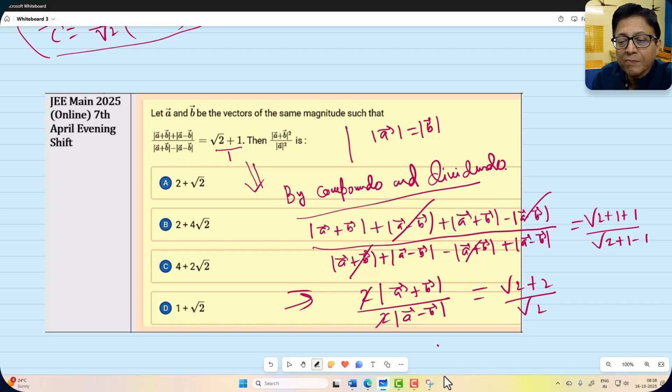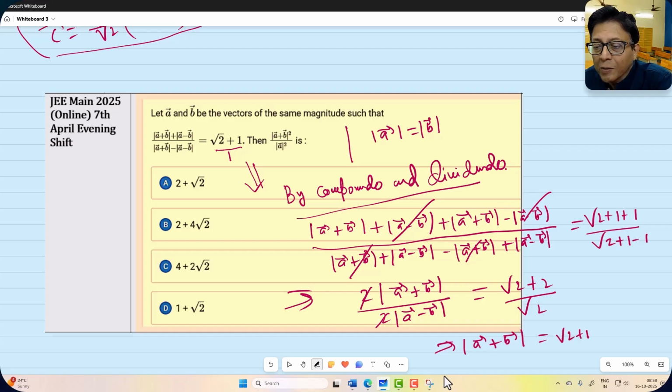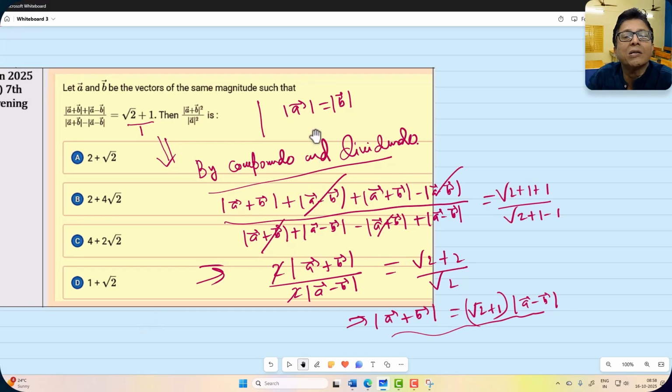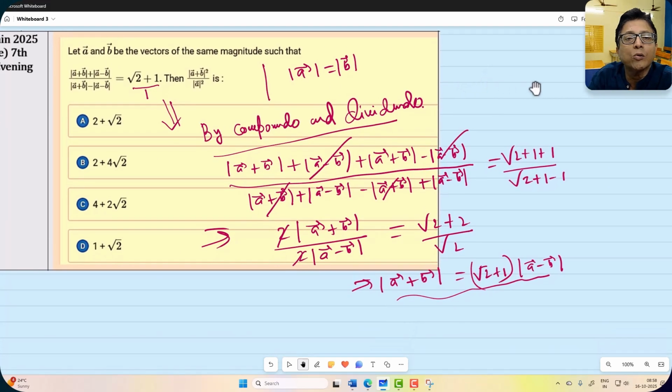So this implies that mod A plus B is equal to root 2 plus 1 into mod A minus B. Now only one condition is over there, that mod A equal to mod B. And this you got here, mod A plus B equal to root 2 plus 1 into mod A minus B.